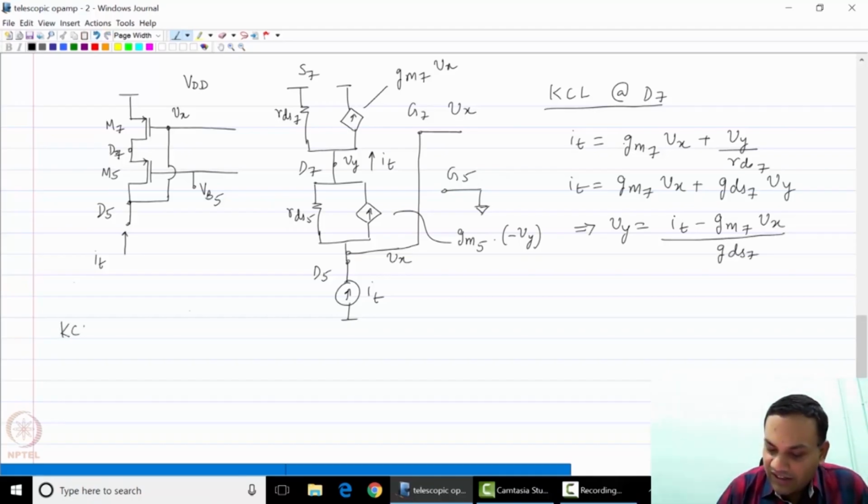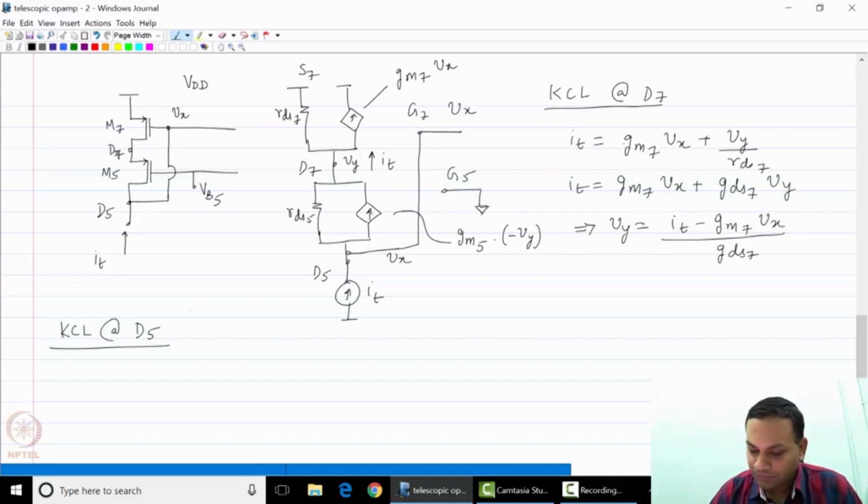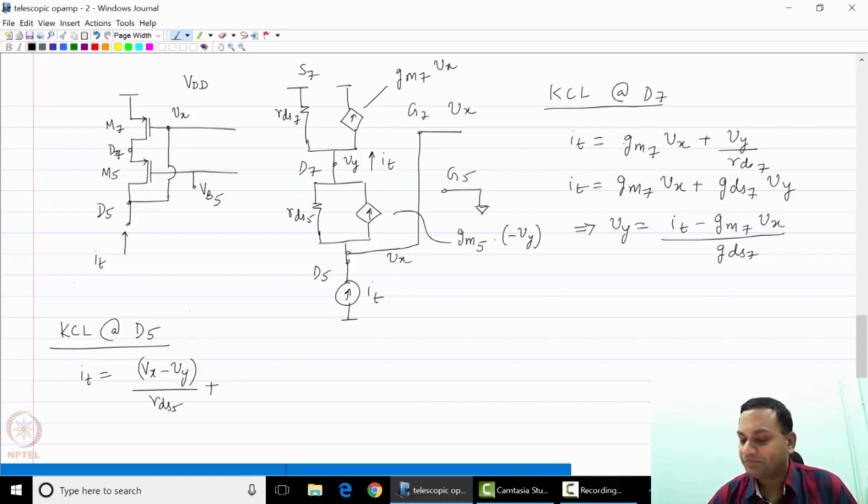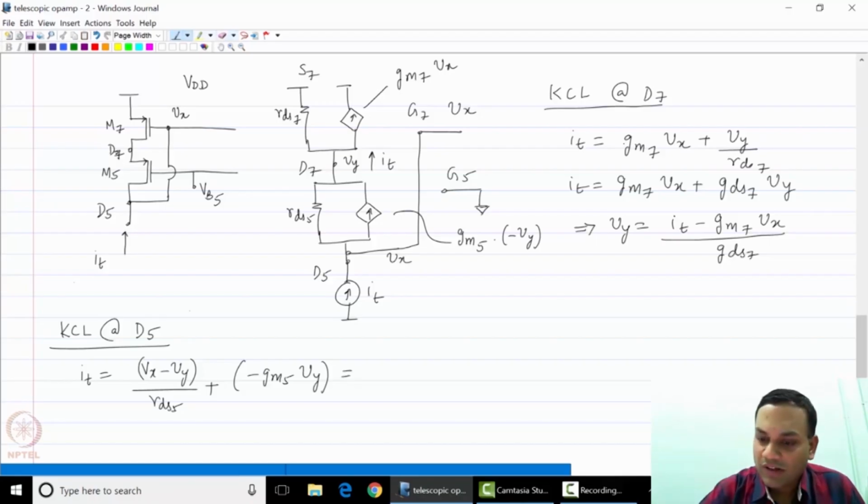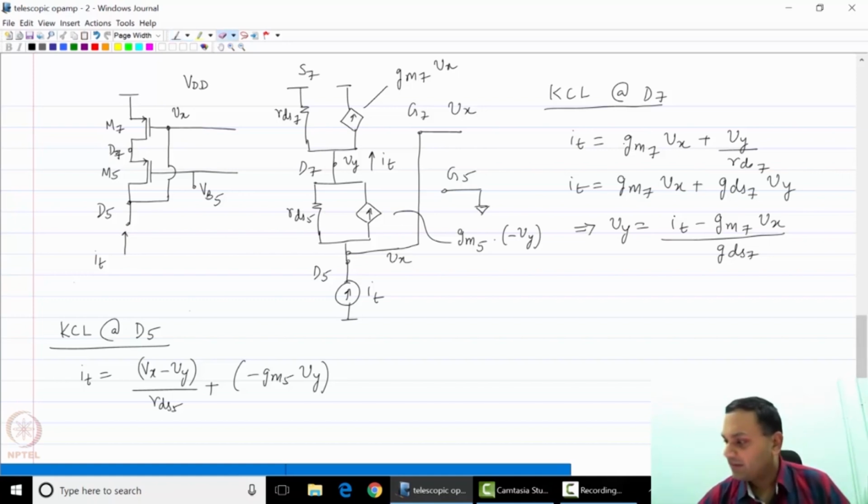Next we will write KCL at D5. Again we can say that It is equal to Vx minus Vy over RDS5 plus minus Gm5 V1. So this is nothing, so we will now rewrite this.